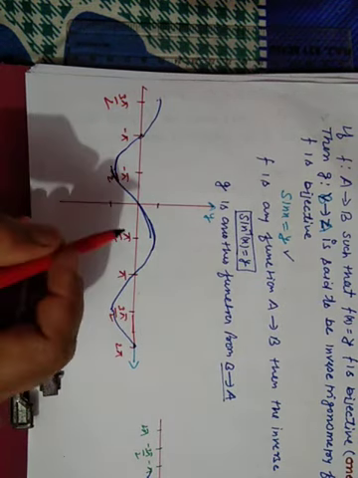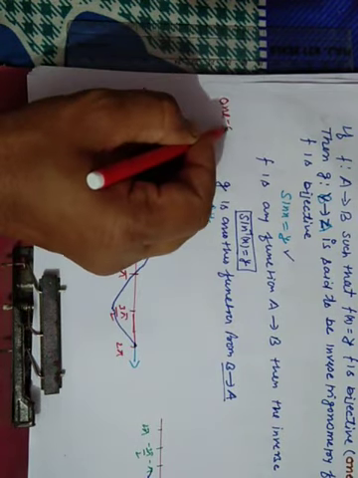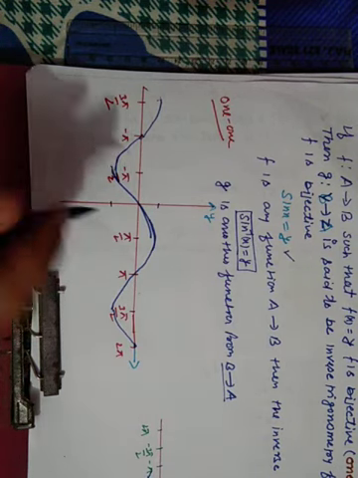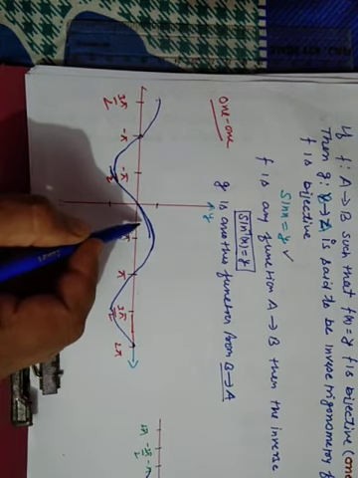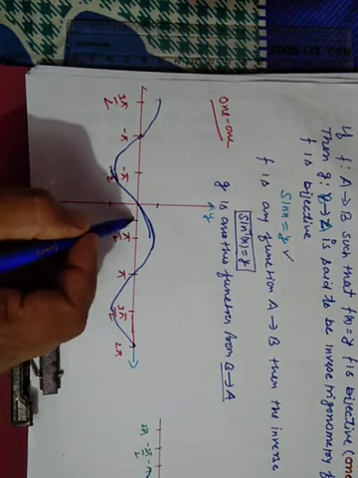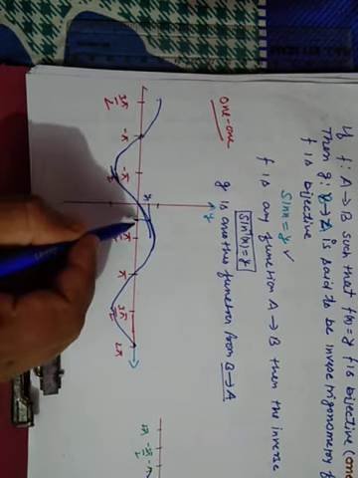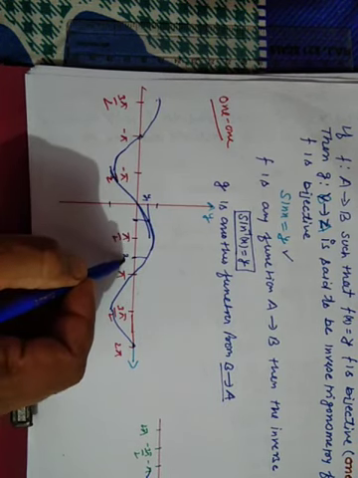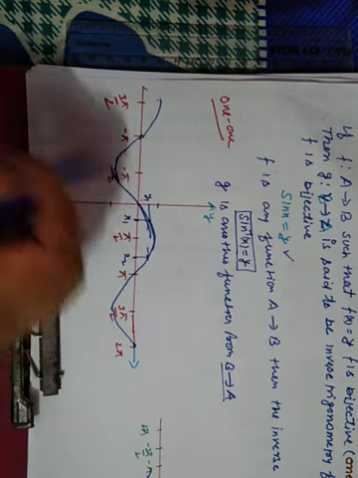For that we have to check for 1-1. Is that function 1-1? Clear? To check for that we have to put in single values of x. So suppose we put in a value of x, we get this answer y1, and similarly for another value of x, this is x2, we get the same result y1.